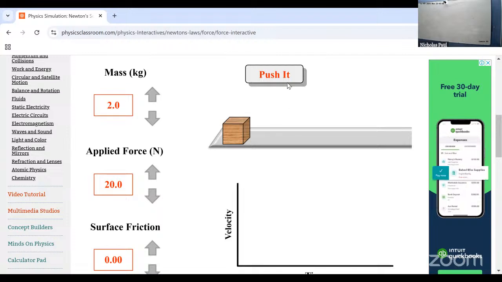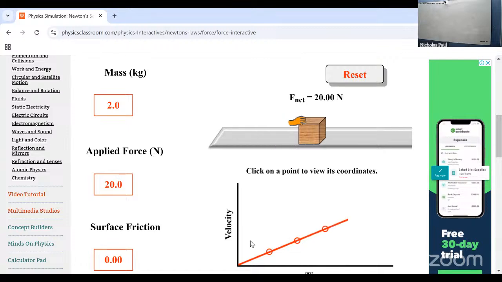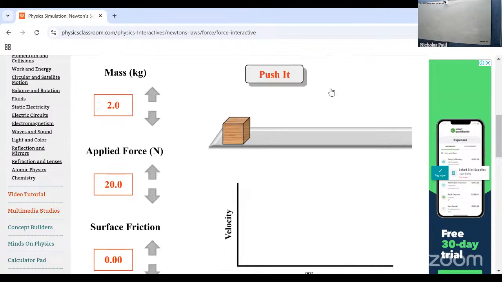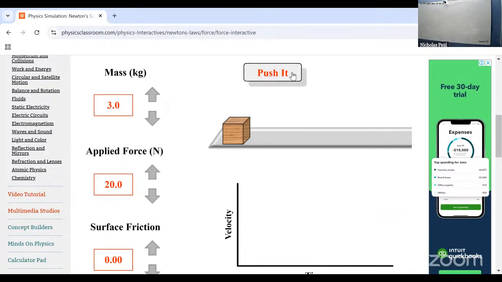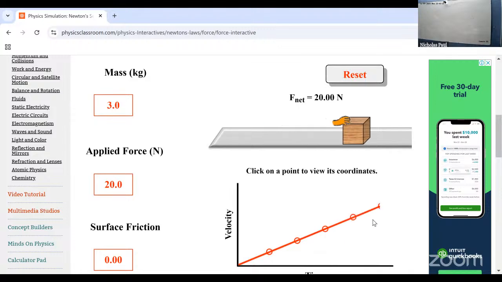second law now. If I were to push it, force, velocity. Just see that? If I were to change the mass, same force, and then I'm changing mass a little bit. What's your velocity? A little bit smaller.